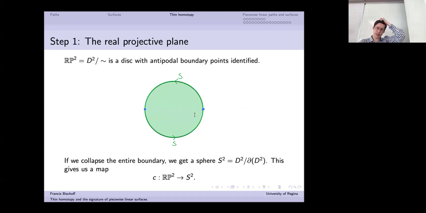Right, so I've drawn this disk and I have this top part S and it's glued to this bottom thing that's called S. And I just want to point out that if we take this thing, we can also collapse the entire boundary to a single point, and that will produce a sphere. And that means that we have a map from RP2 to the sphere, right?